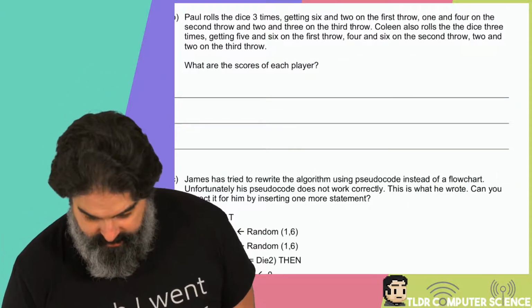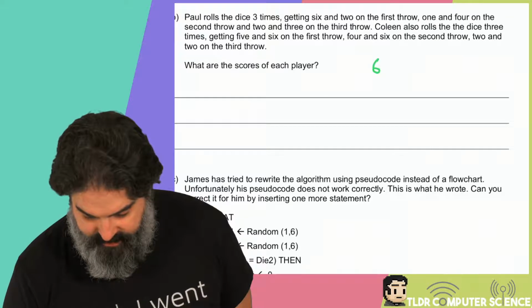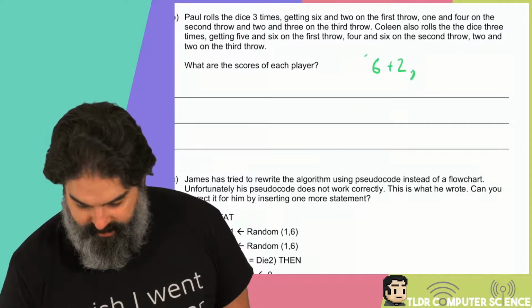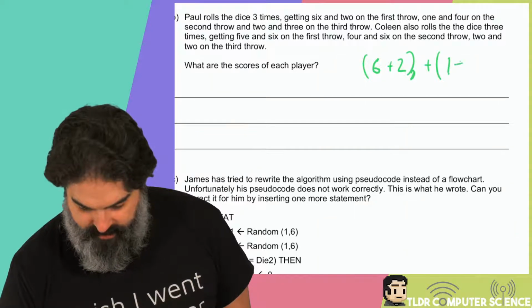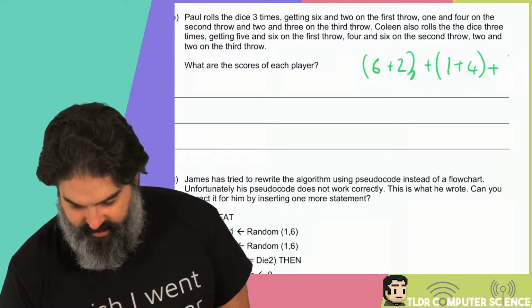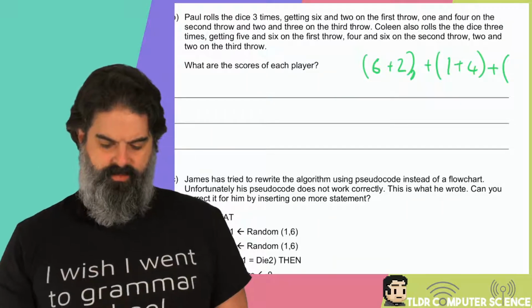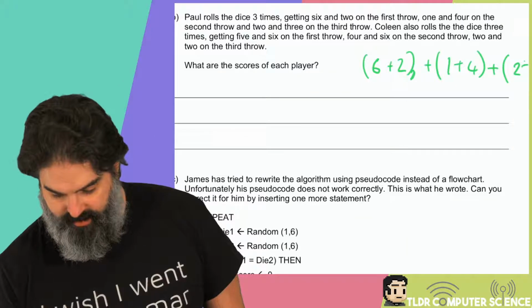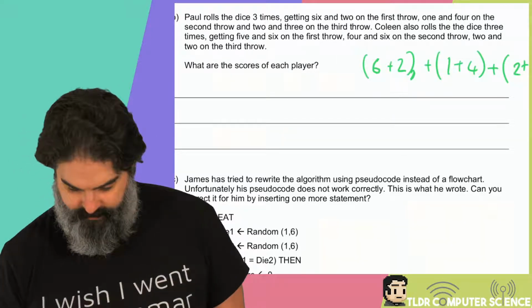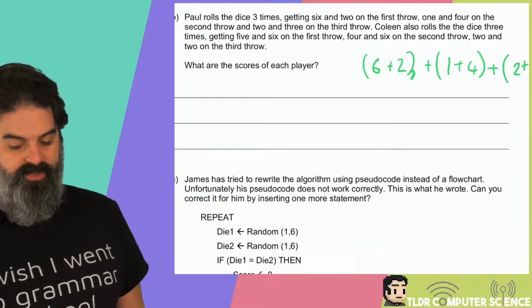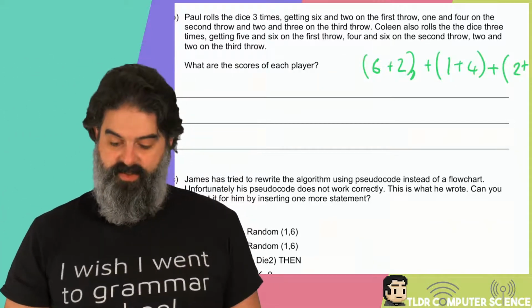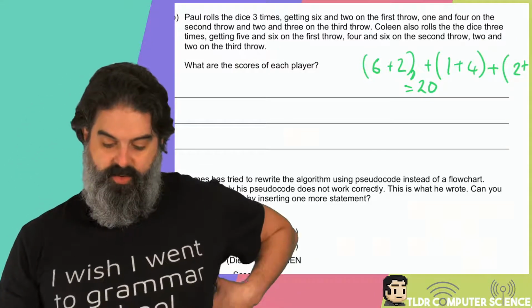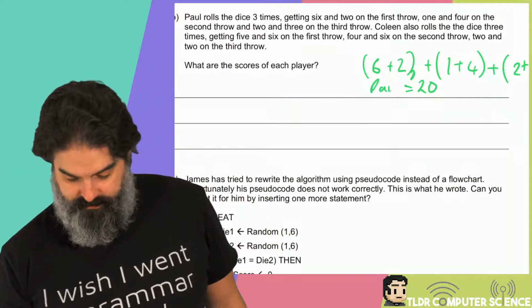So his score will be 6 plus 2, plus 1 plus 4, plus 2 and 3 on his third throw. Okay? So 8 plus 5 is 13, plus 5 is 20. So Paul's got 20.